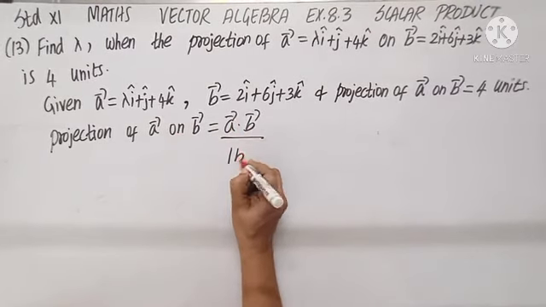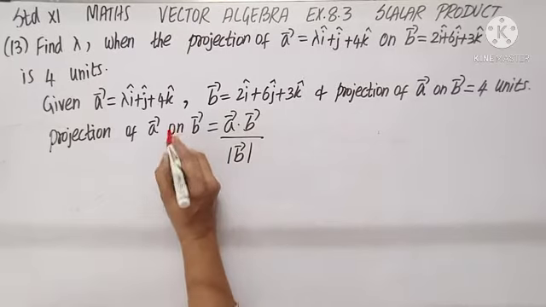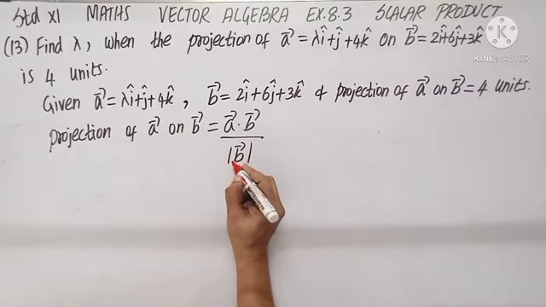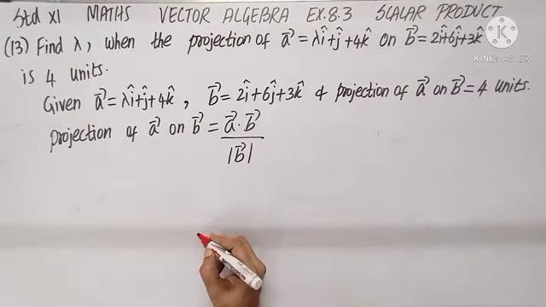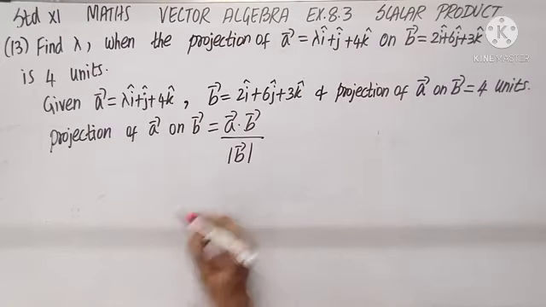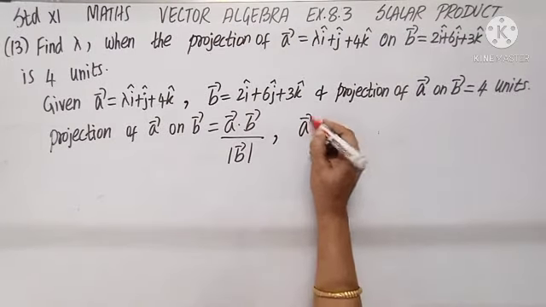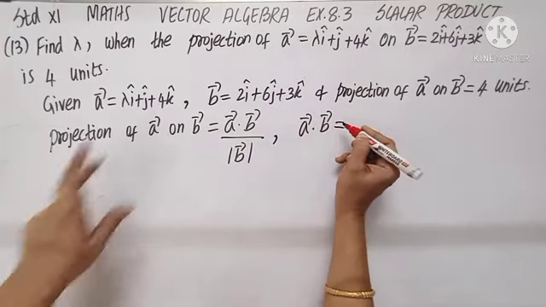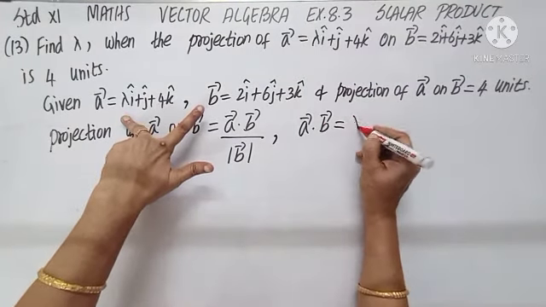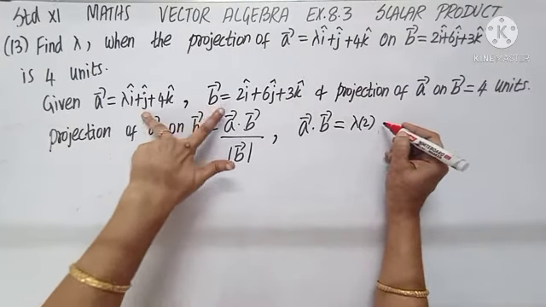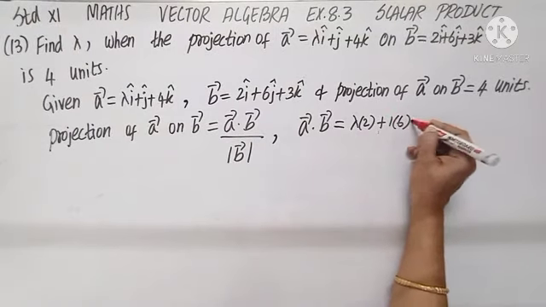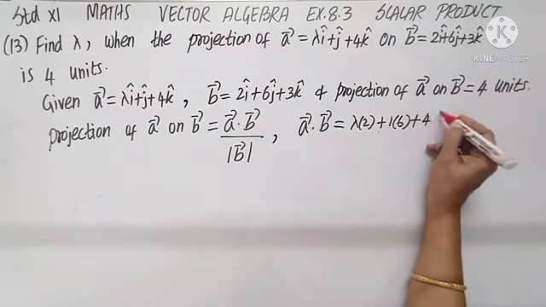That should come in the denominator. So on B vector tells us divide by modulus of B. What is A dot B? As we know, we multiply I and I, lambda into 2, J and J, 1 into 6, K and K, 4 into 3.